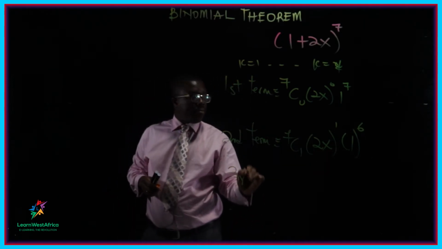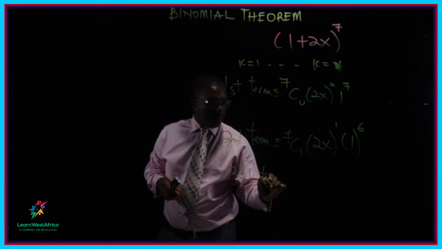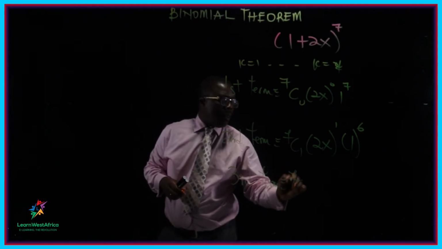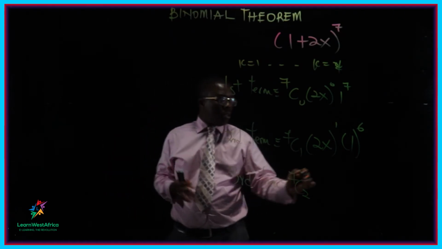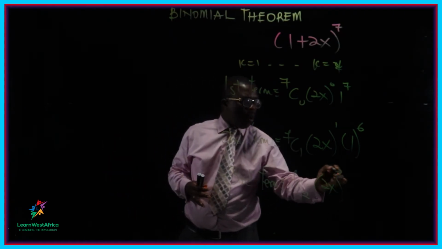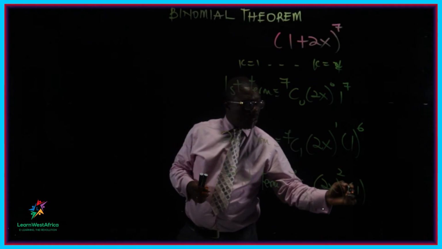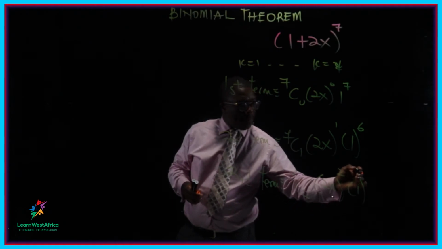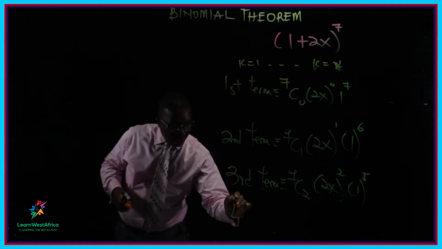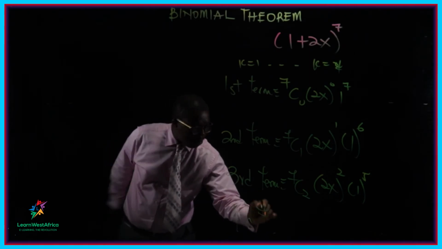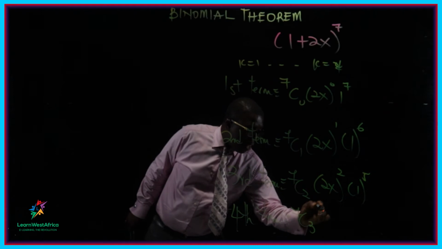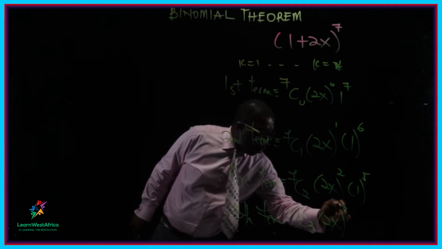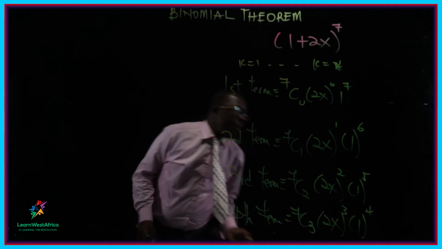Our third term, 7 choose 2, because r is 1 step behind our k, so r is 2, (2x) all squared, then 1 to the power 5. Then our last term, our fourth term, is 7 choose 3, (2x) all cubed, 1 to the power 4.